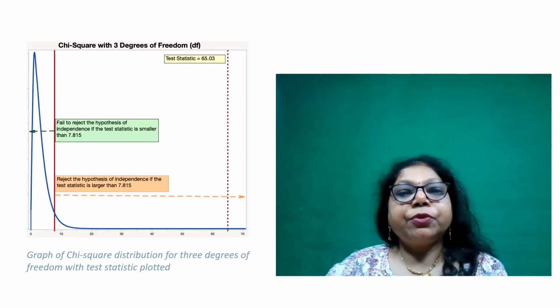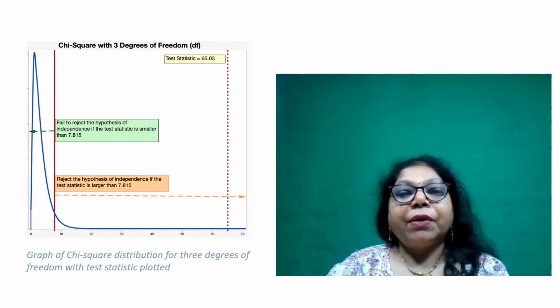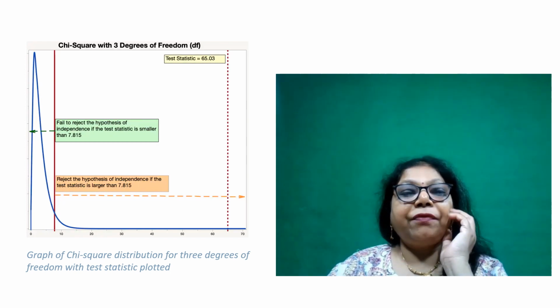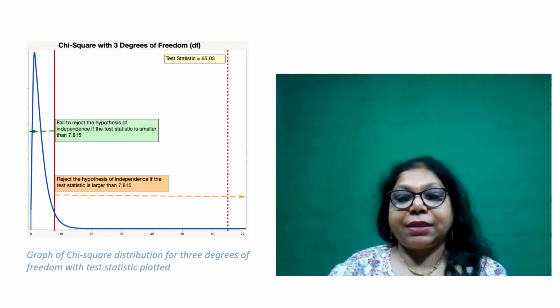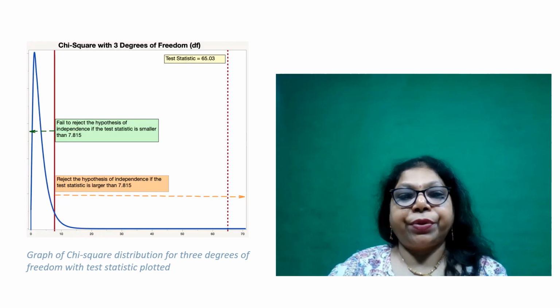Now, the next distribution graph shows our results. Here we can see how far out in the tail our test statistic is. With this scale, if we look at the distribution curve where it intersects with our test statistic, the curve is not exactly at 0, but it is very, very close to 0.